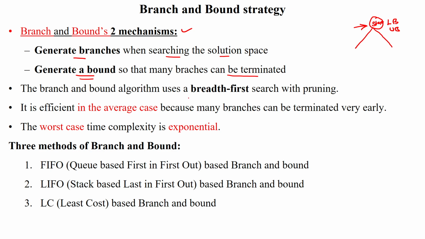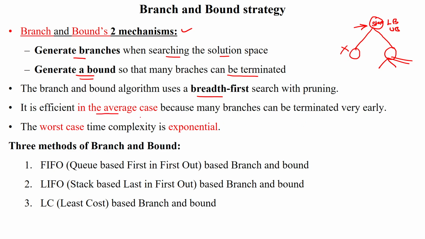The branch and bound algorithm is using breadth first searching with pruning. That means we have to estimate all the possibilities from each and every vertex. In the breadth first manner, it is a very efficient algorithm with average case time complexity, because if there is no possibility for the solution, we will terminate that path at an earlier stage itself.